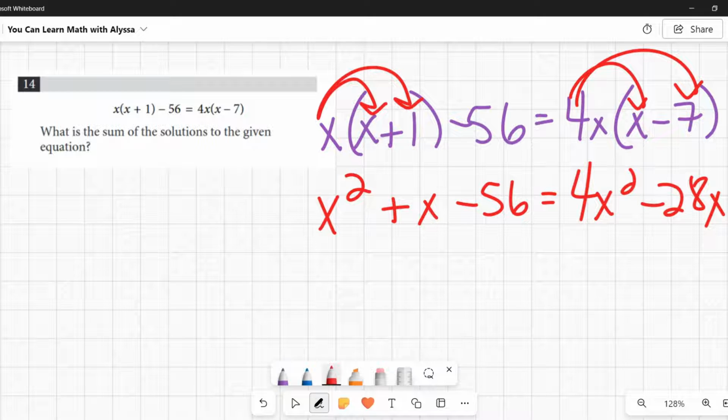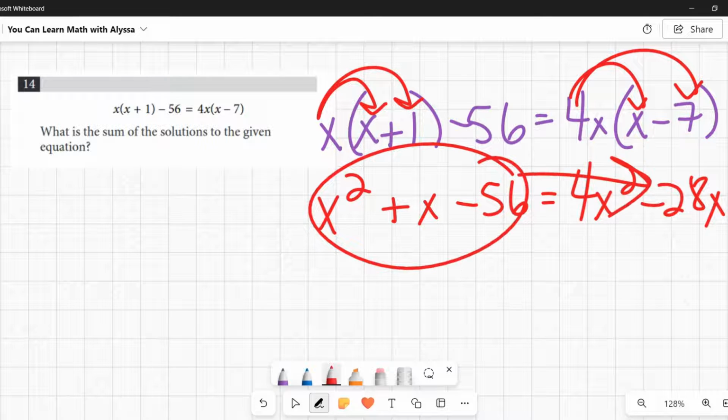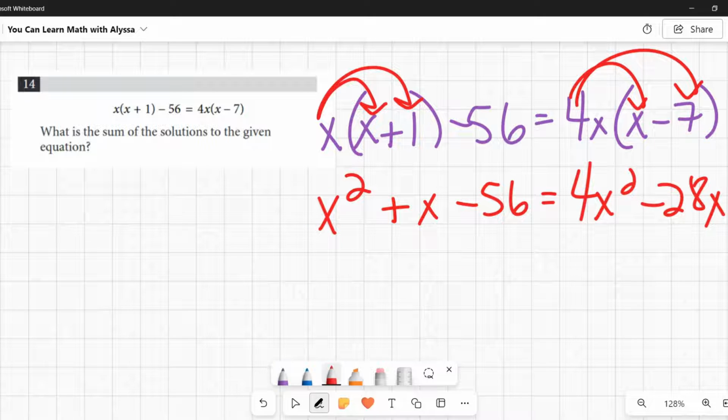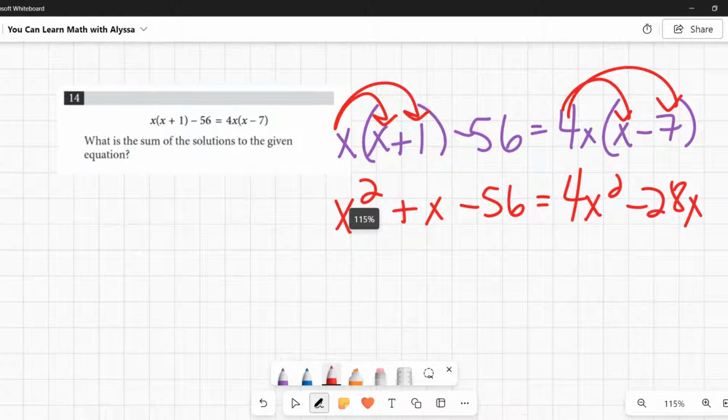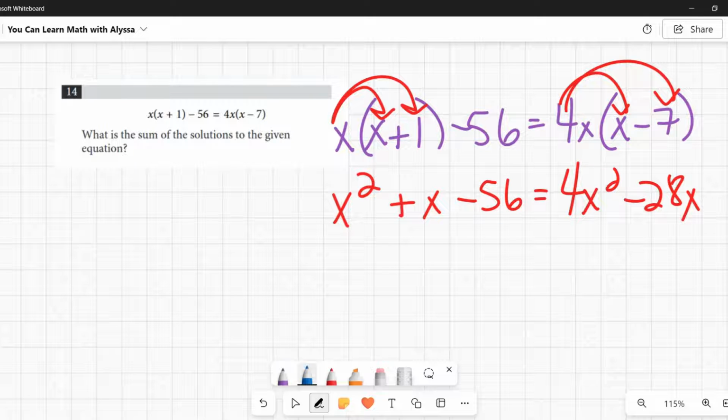Now, I need this all to be equal to 0, so either all of these need to go over here, or all of these need to go over here. It does not matter. You will get the same answer either way. So I'm just going to move everything over to the left. First, to move that 4x squared, I'm going to subtract 4x squared from both sides.